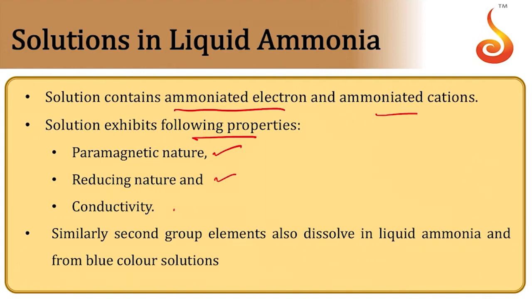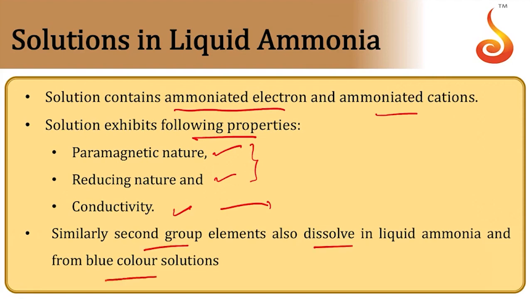The solution is paramagnetic in nature, it has reducing nature, as well as conductivity, along with the color also. The first two properties, paramagnetism and reducing nature, are because of the electrons present, that is, the ammoniated electrons. The conductivity is because of the ions which are present. So all the properties are because of the ions in the solution.